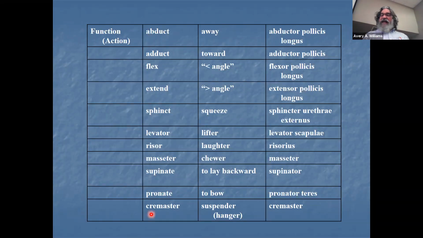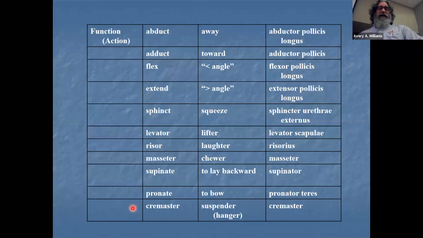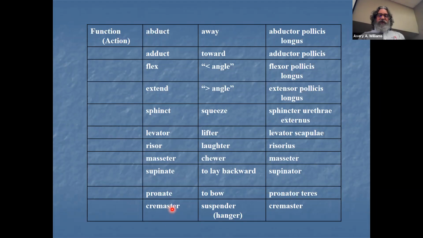And then finally, the last one I have listed, the cremaster muscle. Remember, I always mention things that are unique to humans, unique to mammals, and unique to vertebrates. This one is unique to one of our genders, the cremaster muscle.